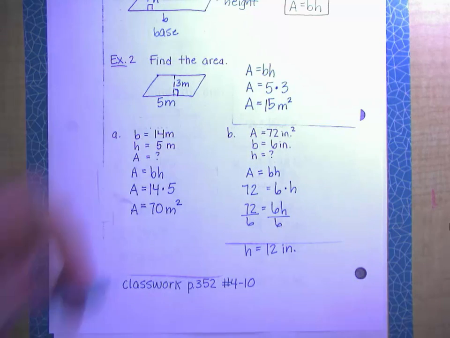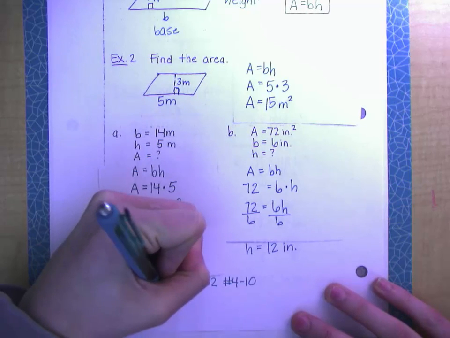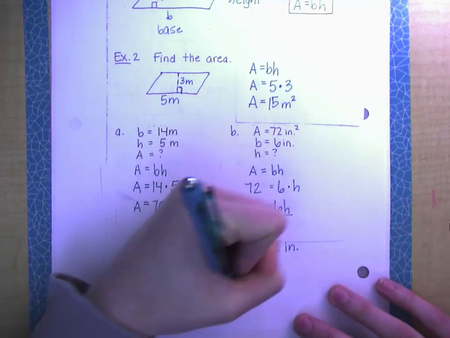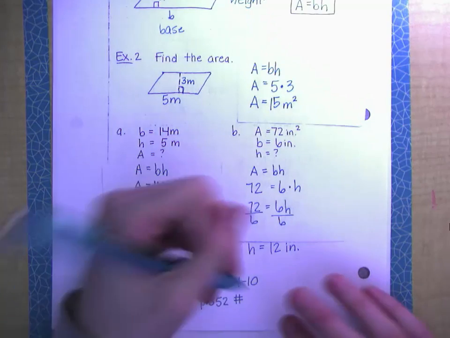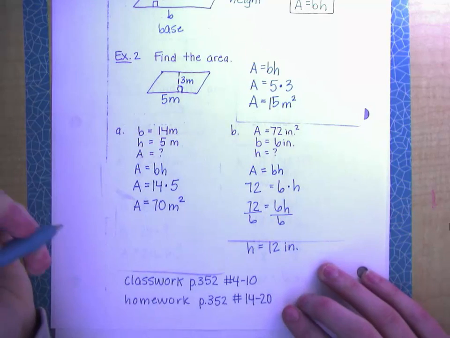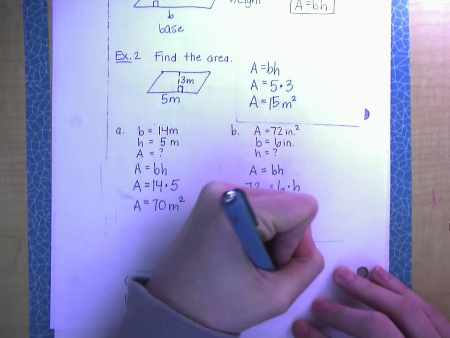If you finish your classwork, your homework is going to be on that same page, page 352. And let me double check so I know exactly which ones I want you to do for homework. It's not a lot. I want you to do numbers 14 through 20. And again, do all of them. Okay? This should not be difficult.